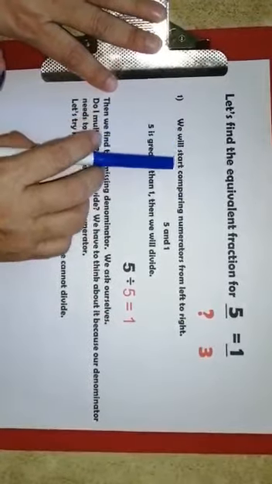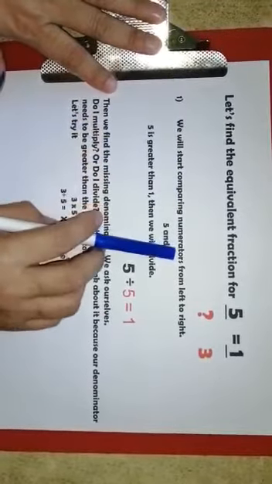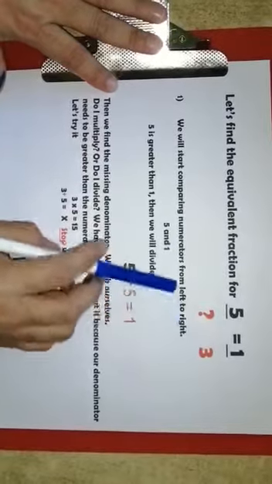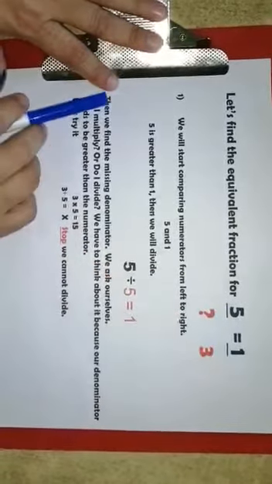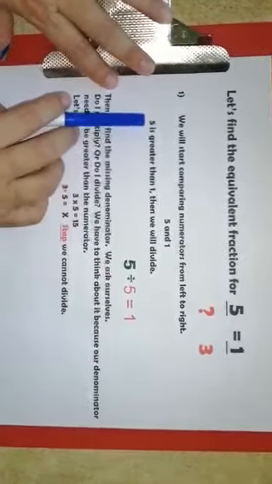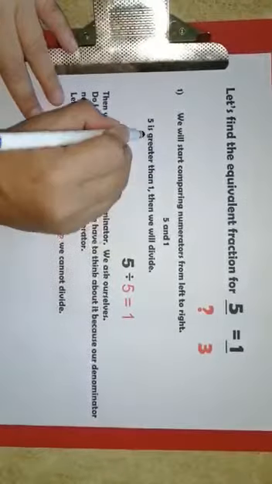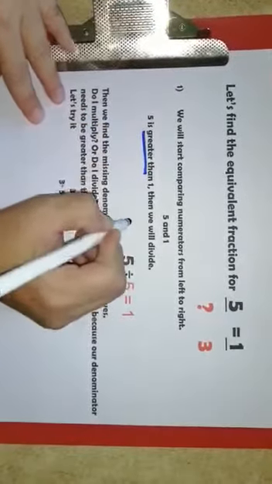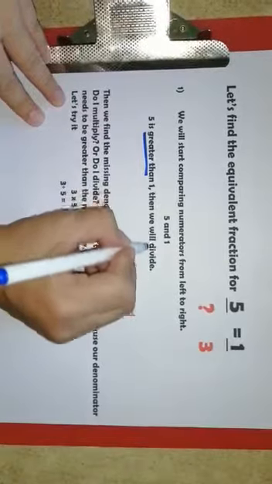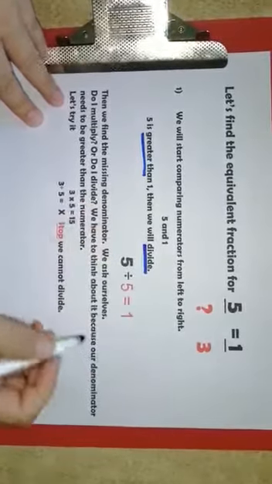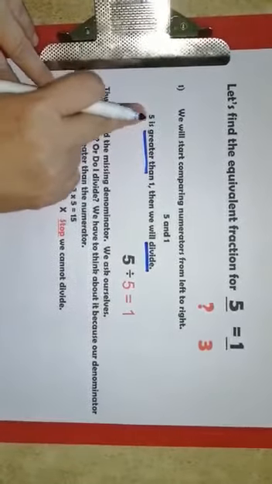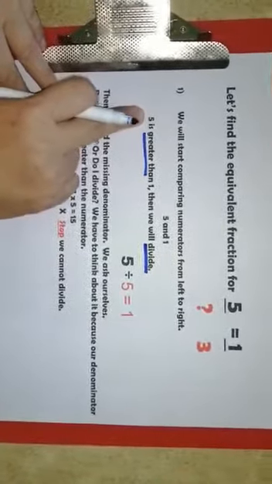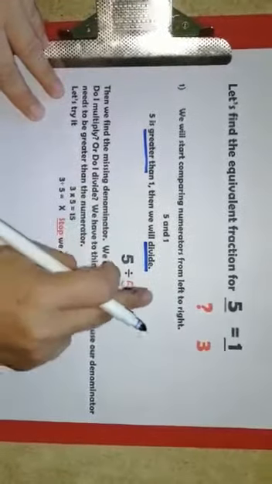First, we start comparing numbers from left to right. Here we have our two numerators that we will compare. 5 is greater than 1, then that tells us that we will divide. Remember, if the number to the left is greater, we will divide.